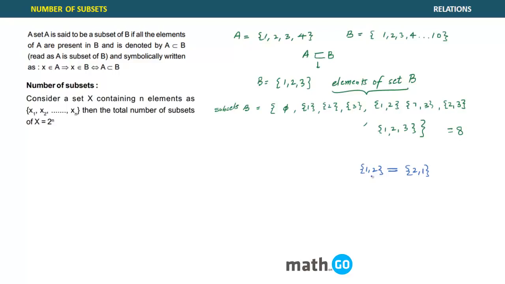In terms of sets, they are not the ordered pairs we remember. In a Cartesian coordinate system, 1, 2 and 2, 1 are different points, but in terms of sets they are the same because a set consists of numbers. So they are both equal.